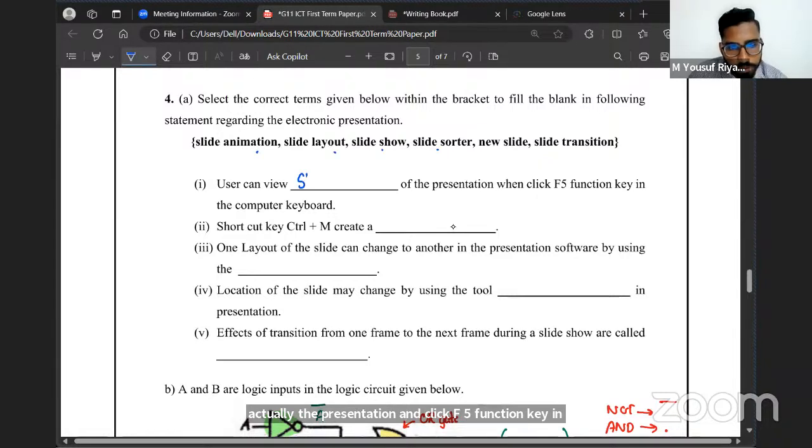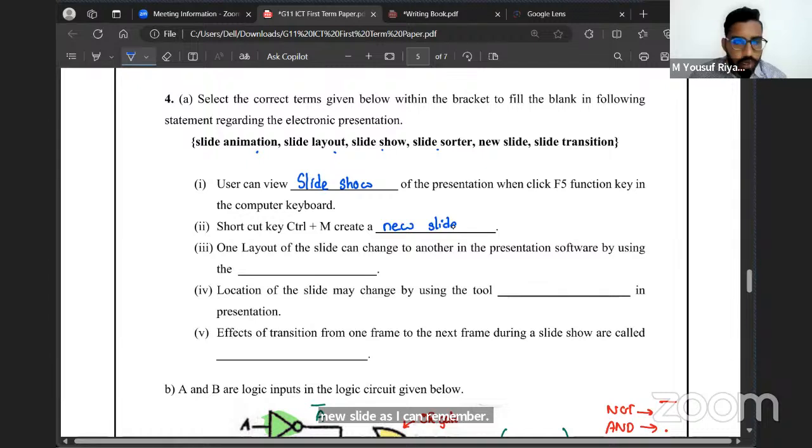This is computer shortcuts. Shortcut key Control plus M creates a new slide, as I can remember. These are shortcuts.